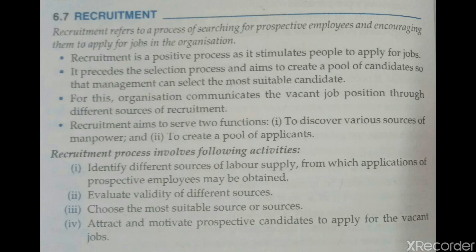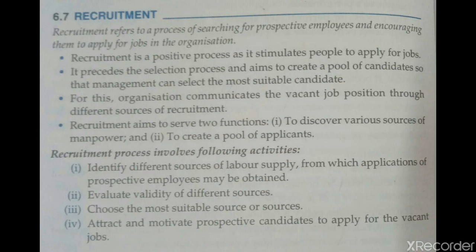Now the recruitment process involves the following activities: number 1, identifying different sources of supply from where labor can be received, then evaluate the different sources, choose the most suitable source, and attract and motivate the candidates to apply for the jobs.